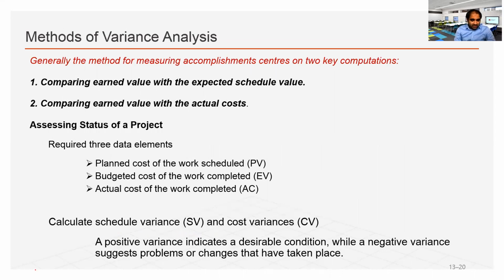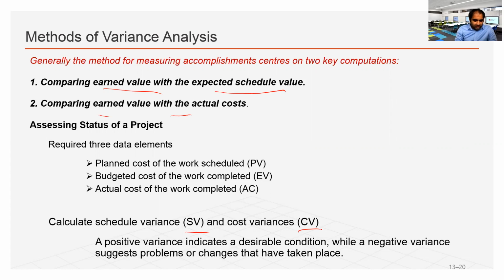What variance analysis can we do? There are two types of variance. One is the cost variance, and another one is the schedule variance. Earned value compared with the expected schedule value, and earned value compared with the actual cost. We already covered that. So, SV and CV.